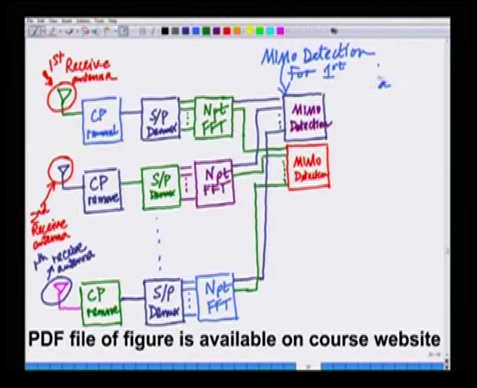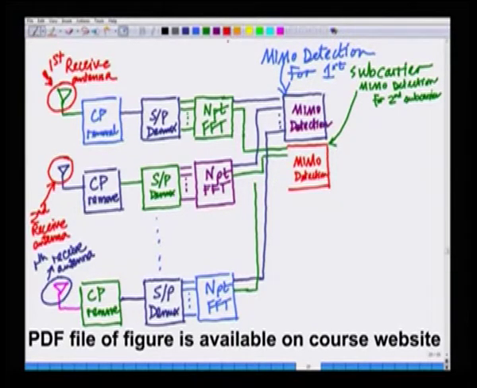In fact, here this has to be the first subcarrier, and this is the MIMO detection for the second subcarrier, and so on and so forth. I do MIMO detection for all the N subcarriers as follows.